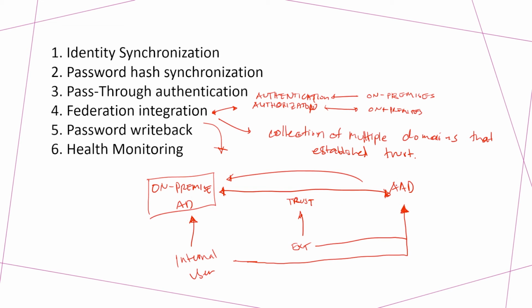Let's say you want to set up high availability on this kind of structure, you set a password hash sync. So on-prem will start syncing password hash to your Azure AD, so that if this fails, you still have Azure AD as a backup on your federation services.